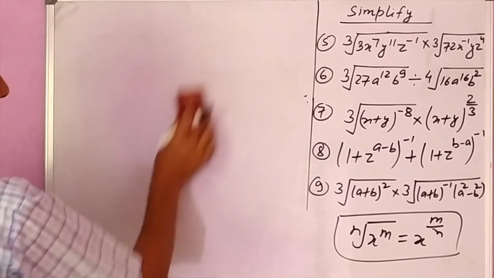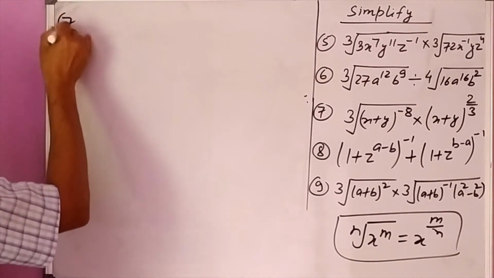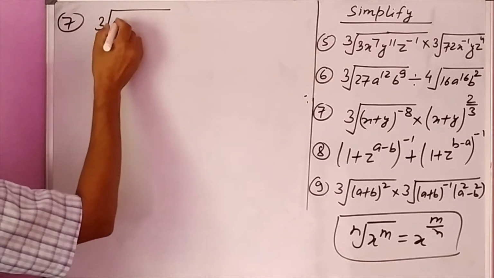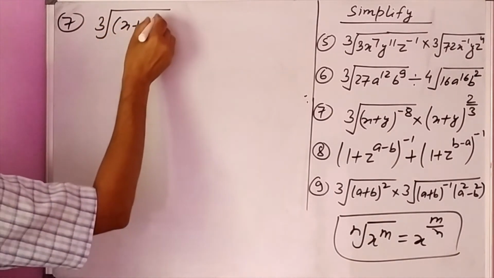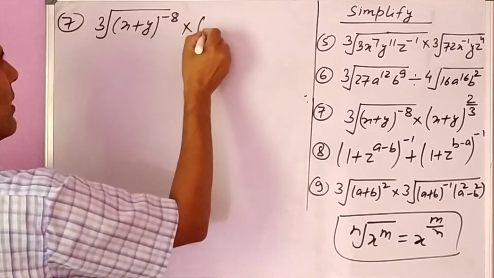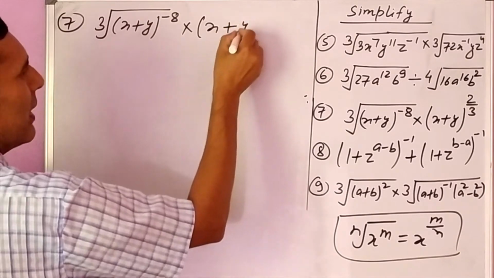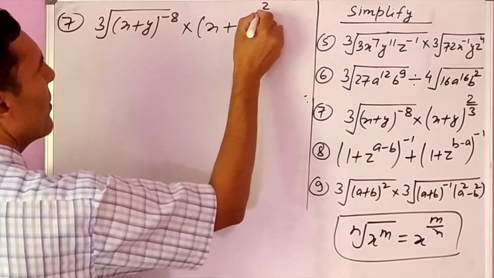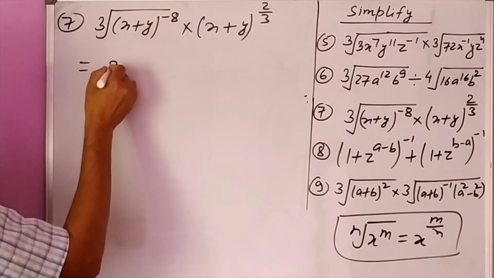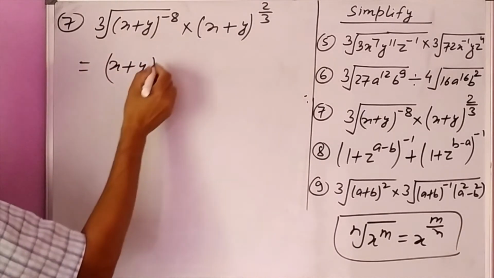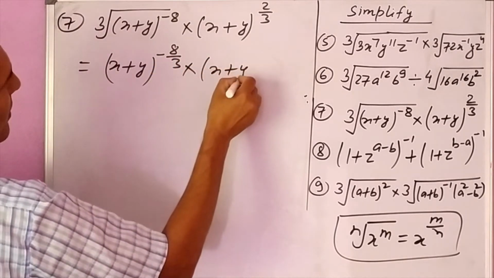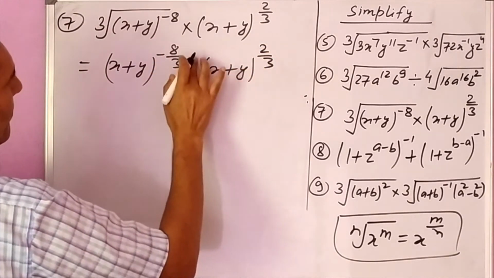Now we have another question, number 7. Cube root of x plus y to the power minus 8, and this x plus y to the power 2 by 3. This root can be removed as x plus y to the power minus 8 upon 3. It is x plus y to the power 2 upon 3.